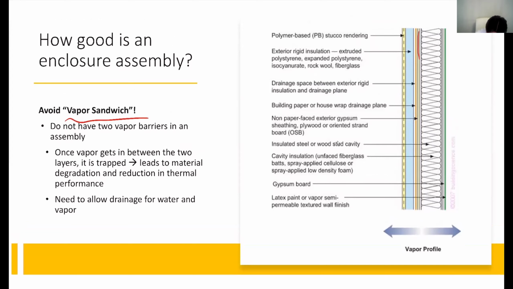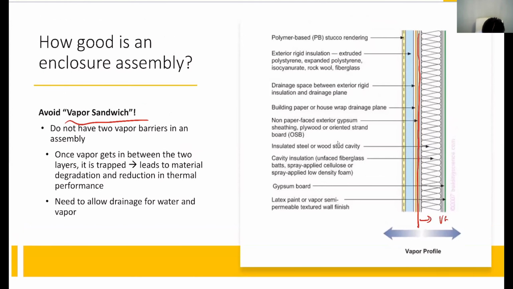As you see in the picture on the slide, we have a vapor profile. Basically it means around here we have our vapor control layer. And because we only have one layer, the vapor can either come from the left or come from the right, but you will never have a problem with drying out, because once it comes in, you can always dry it back out to where it came from, because there are no other vapor barriers stopping it.